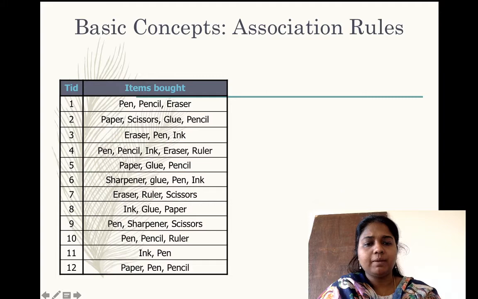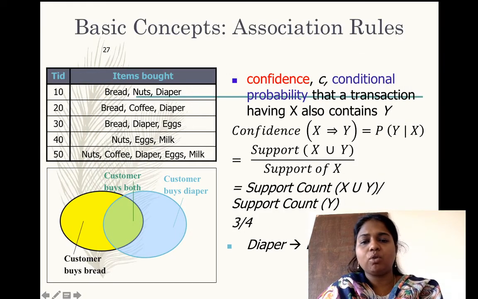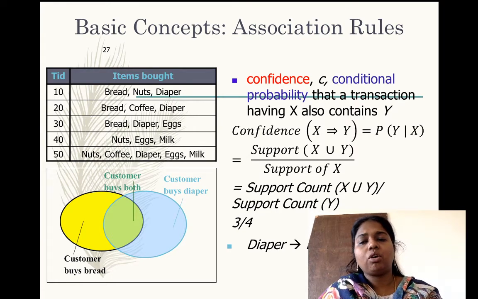It is 3. And the support value of Y is how many of the transactions have only diaper? It is 4. So I have 3 out of 4 transactions. So that defines my confidence value.